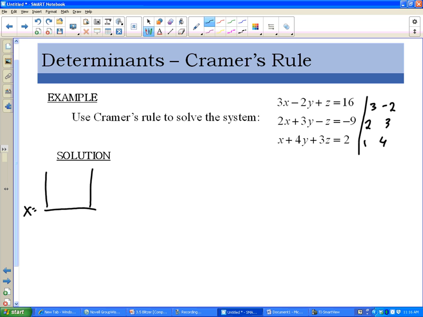This right here, where I have my x's, y's, and z's, is the bottom of each one of our determinants. So I'm just going to calculate it once and then put it on the bottom of each.